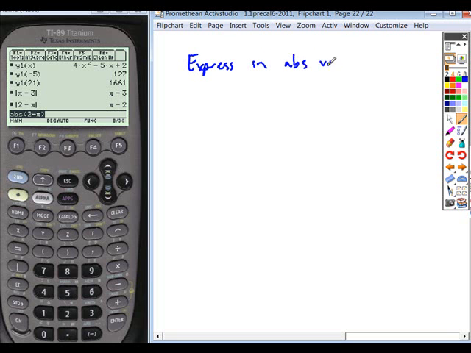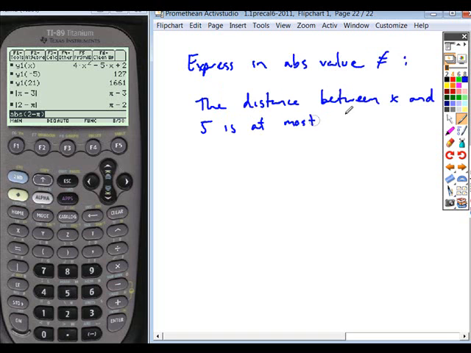Express in absolute value inequality, and they give you the following: the distance between x and 5 is at most 6.